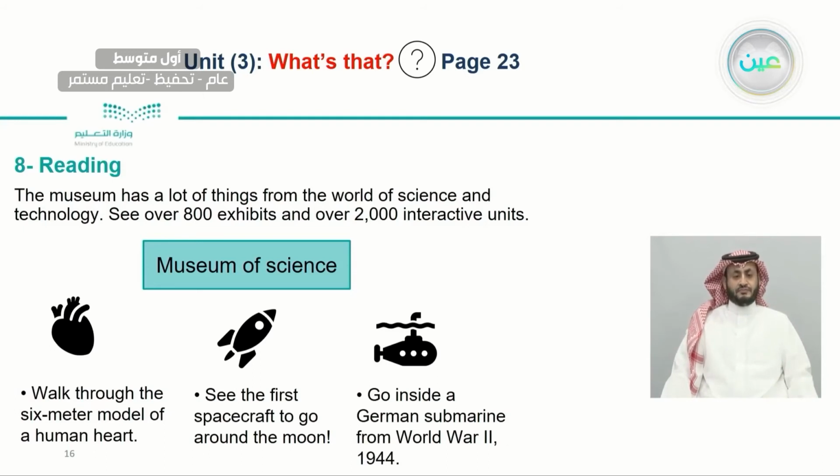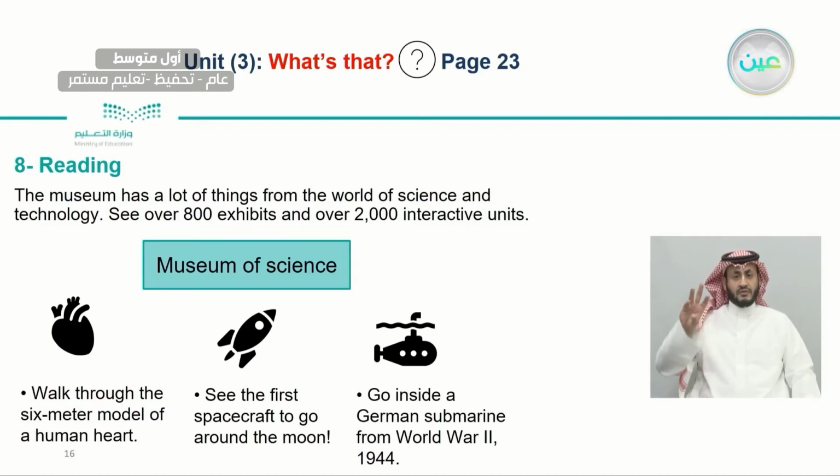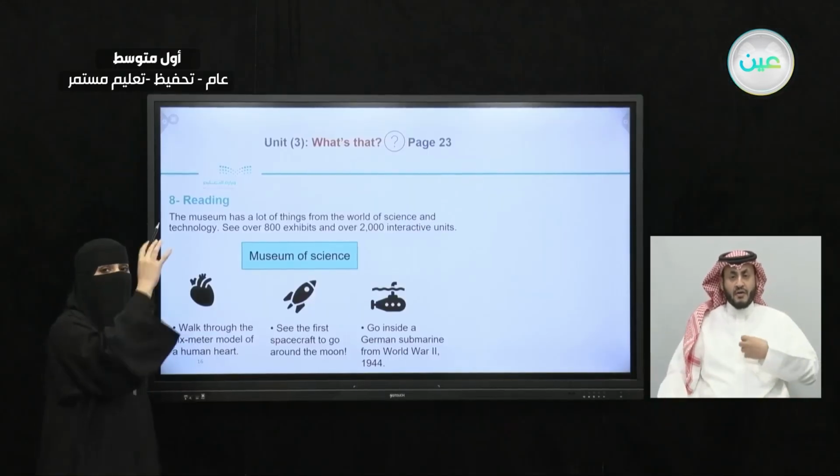In the Museum of Science we talk about different objects. So look at right here, how did they describe those objects? How is the way to describe an object? Walk through the 6-meter model of a human heart. 6-meter model. Can you imagine? That number helps me to imagine how big is that model.